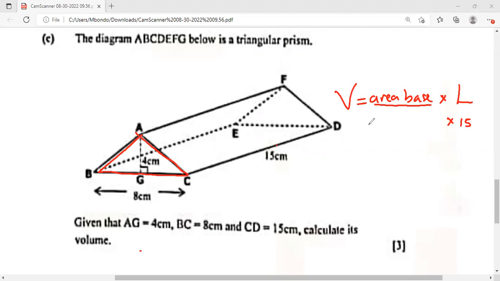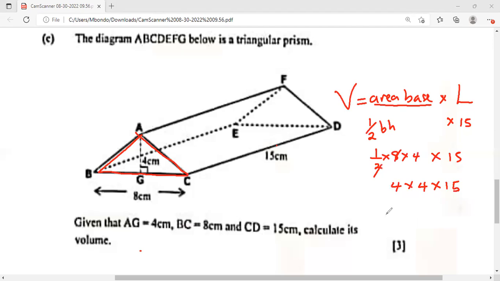So you know that the area of a triangle is equal to, this is what we say, isn't it? Multiplied by 15 there, 1 over 2, what is our base? Our base of this whole triangle is 8. Then the height is 4. Multiplied by 15. This into that, it's 4. 4 by 4 by 15.